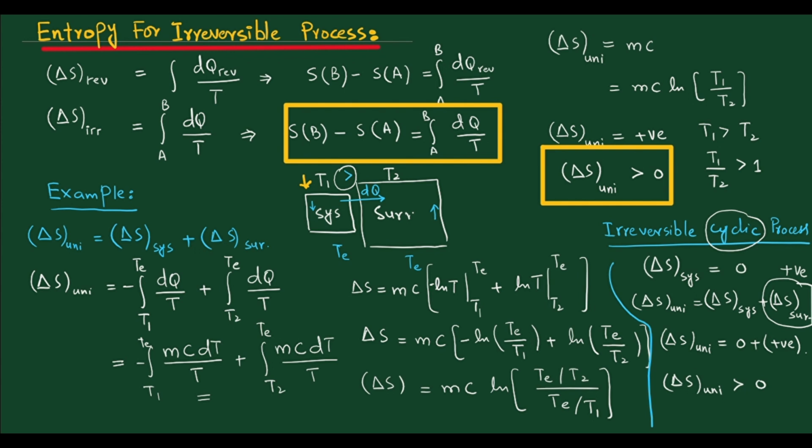The change in entropy of the universe is 0 for the reversible process, but for an irreversible process or irreversible cyclic process, the change in entropy is always a positive number. It means that the entropy just increases in these processes, the irreversible cyclic process or irreversible process.